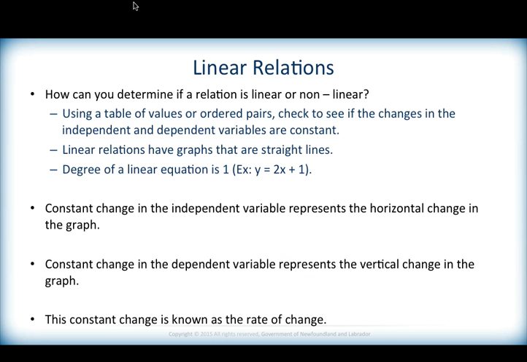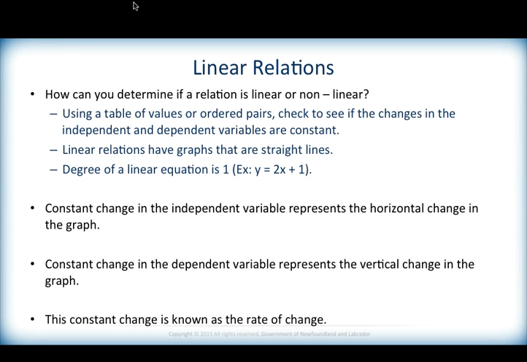Linear relations. How can you determine if a relation is linear or nonlinear? Using a table of values or ordered pairs, check to see if the changes in the independent and dependent variables are constant. Linear relations have graphs that are straight lines, or if you're looking at an equation, the degree of a linear relation must be 1.